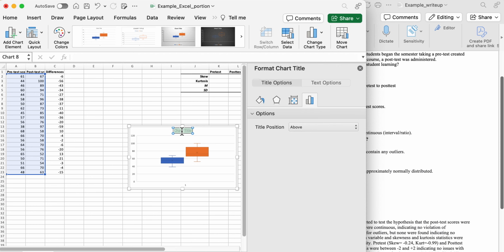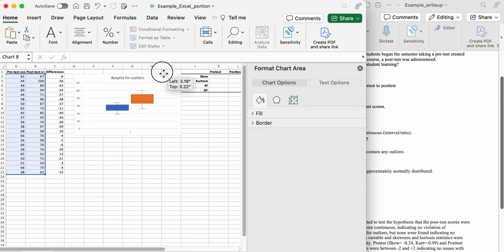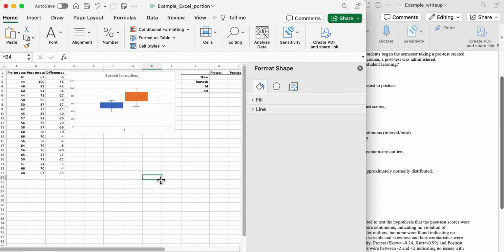I'm going to change this title to box plot for outliers, so I know exactly what I'm using this for, right? I'm going to keep that up here to try to keep my work nice and neat.